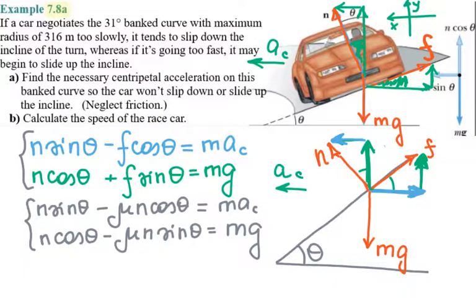I showed you this trick in the past, so I'm going to factor out n. Let's take n out from both terms, so n will disappear from over here. And I'm going to take the same n out from the second equation, and n will disappear from over here because I took n out from those two terms.